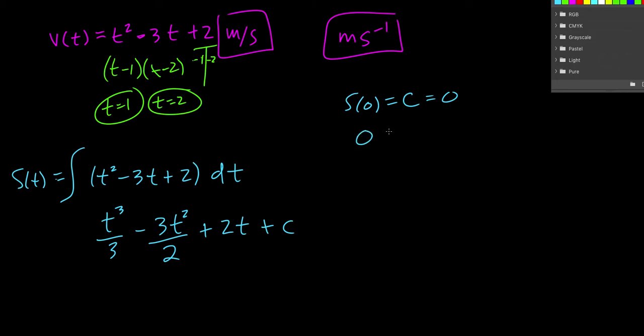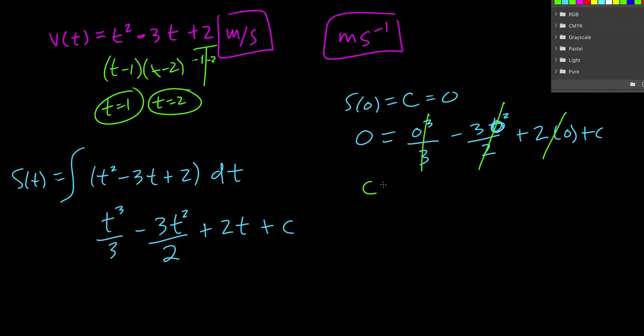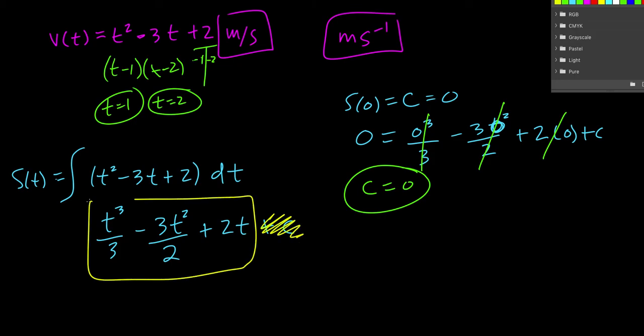Basically, I'm plugging in the origin, because we're assuming that's where this started. So that goes to 0, goes to 0, goes to 0, so c ends up equaling 0. This basically just goes away, and this is our function that we can use for the rest of it. But we know that s of 0 equals 0. That's an important thing.